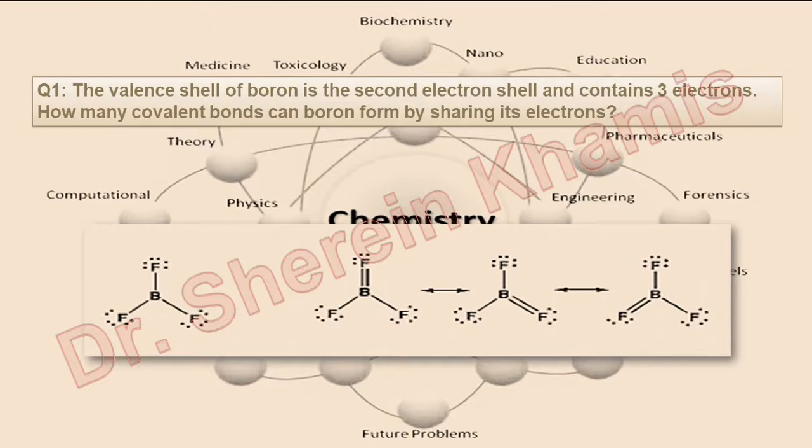Here we have 3 electrons in the outer valence shell, so it will make 3 covalent bonds.